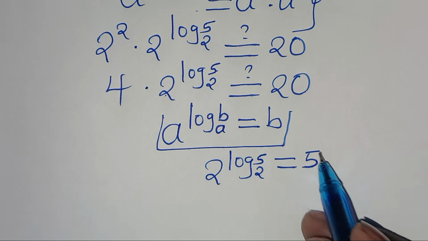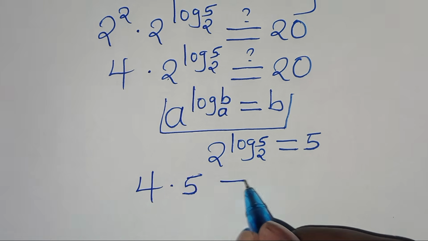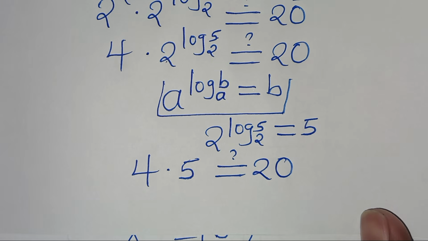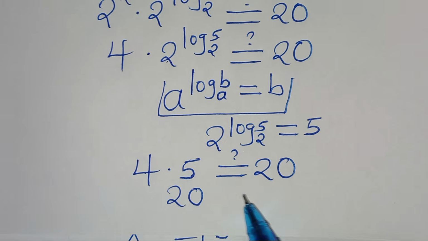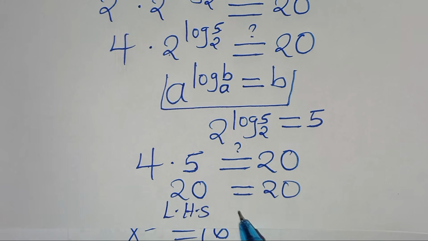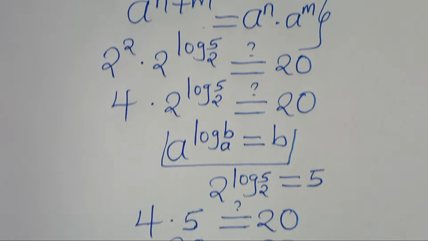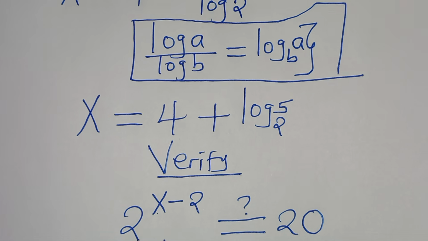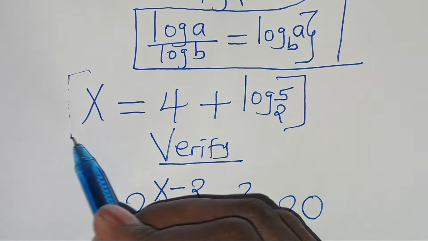So let's substitute this 5, so that now we have 4 multiplied by 5, which is supposed to give us a value of 20. This implies that 5 times 4 is equal to 20, so the left hand side is equal to the right hand side. And this affirms that the value of x, which is equal to 4 plus log 5 to base 2, actually satisfies the equation.